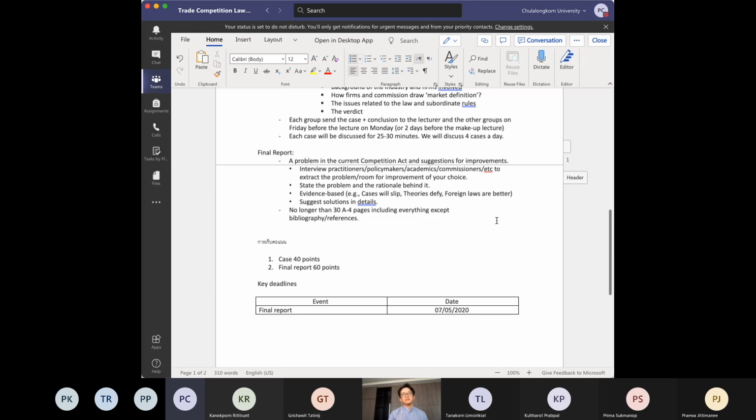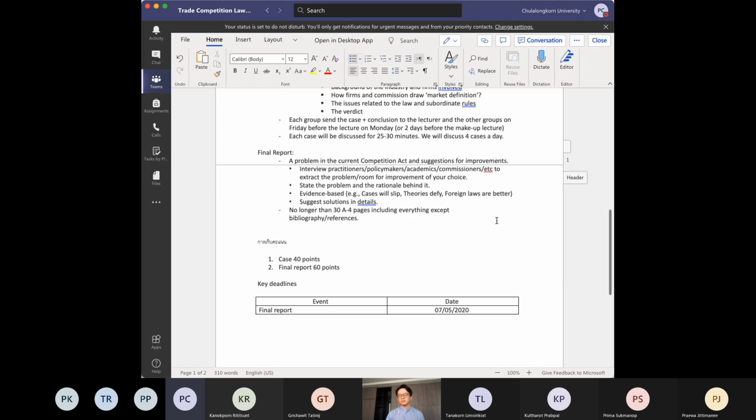Preferably it should be evidence-based, in the sense that you come up with the idea that, if this is ongoing, these sorts of cases will pretty much slip. Or this approach, this announcement, this sub-regulation is actually defying these theories, and it would create more adverse consequences rather than constructive ones.